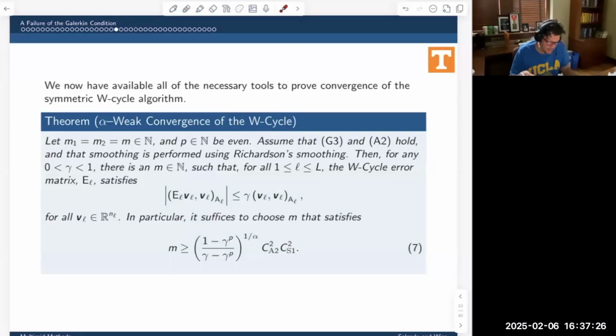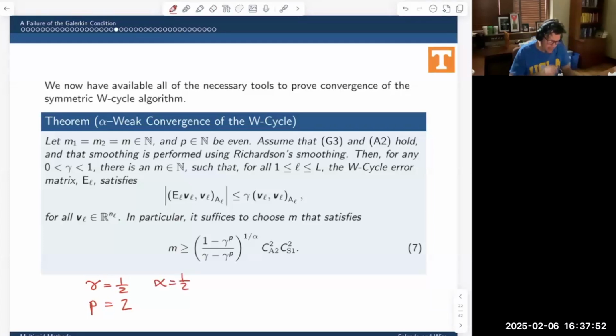So that's going to be a half. All right, so let's say I want to achieve the convergence gamma equals a half. That's a reasonable target. Let's say we take P equals 2. Let's suppose that the best thing I can achieve here is alpha equals a half.